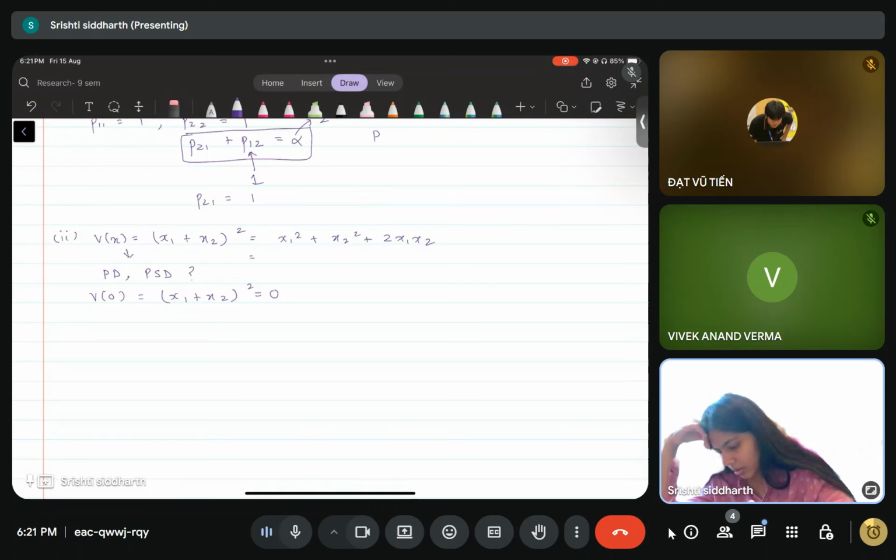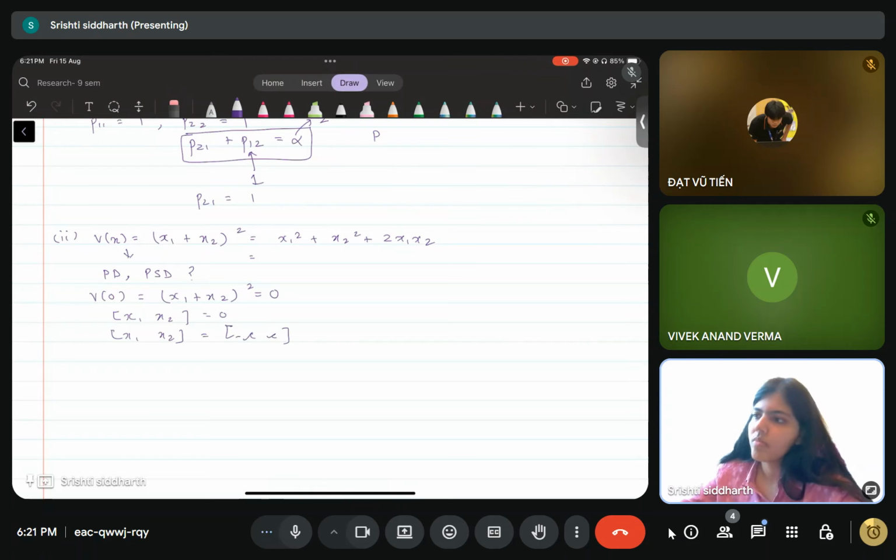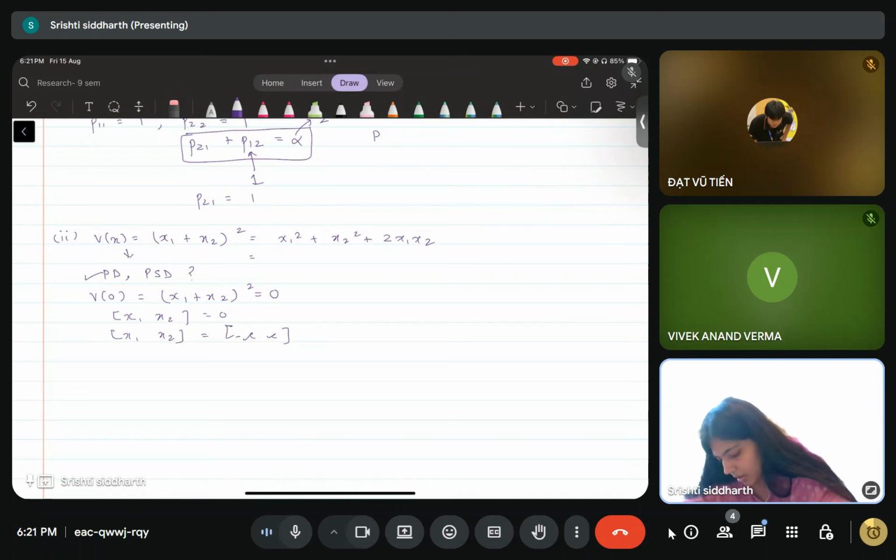This is not true only for the zero vector, right? This is also true for x1, x2 equals minus c, plus c. In that case, it could also be 0. So it is not positive definite.